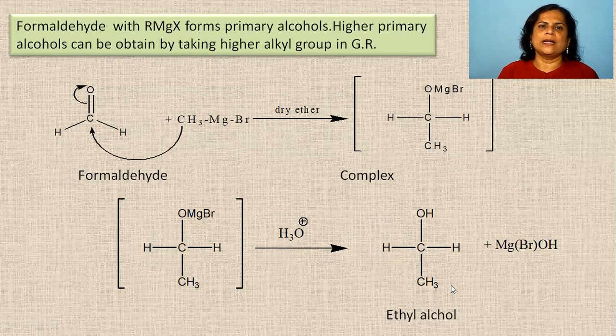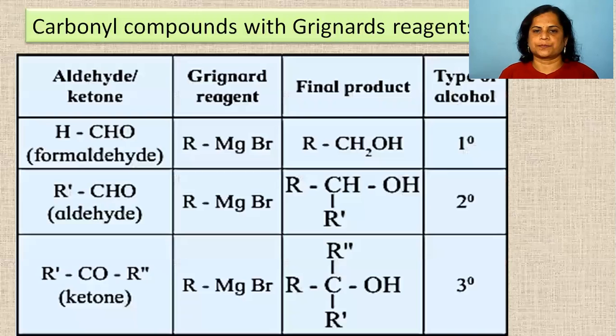So formaldehyde with RMgX forms a primary alcohol, and higher primary alcohols can be obtained by taking a higher alkyl group in the Grignard reagent. To prepare a primary alcohol from a carbonyl compound, what do we require? We require formaldehyde as one reactant, and the Grignard reagent as the other. So this is about the reaction of carbonyl compounds with Grignard reagents.